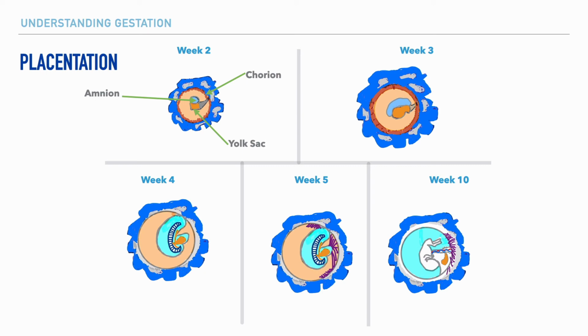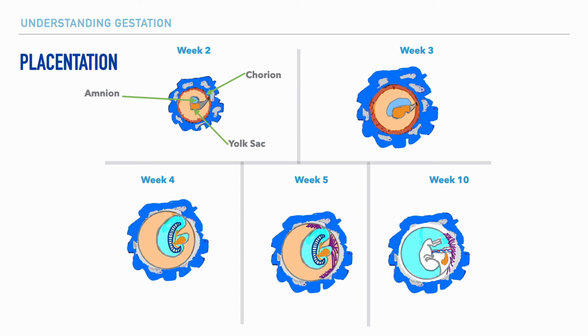And the 3rd extra-embryonic membrane that we see is the development of the chorion. And the chorion is the site that we noted earlier where capillary formation within the trophoblast begins. In week 3, we continue to see cellular adaptations over time, such as an enlargement of the yolk sac, amnion, and chorion.